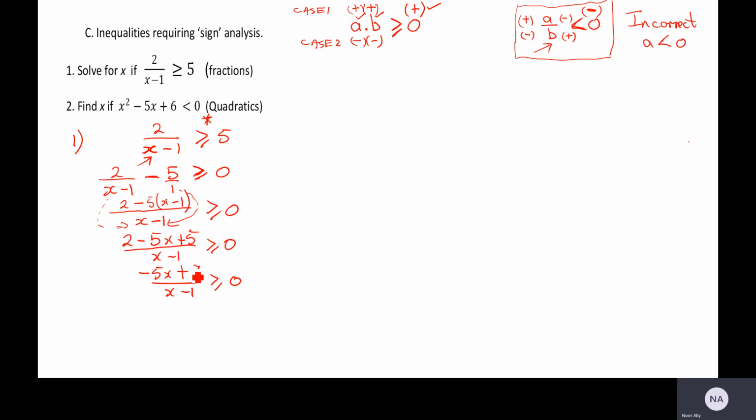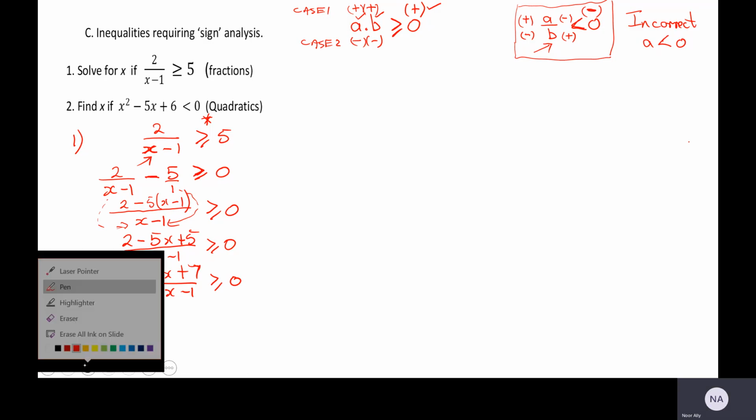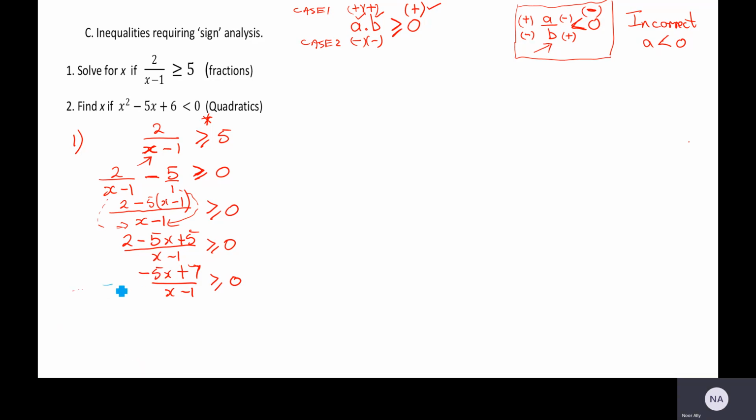Now, you can solve this inequality as it stands by considering different values. But what I would prefer is to take and eliminate this negative sign here, so that the x's are first in both the numerator and denominator, and they are both positive. So how do I do that? Well, simple.